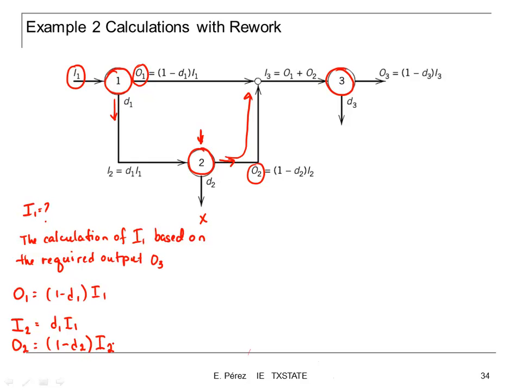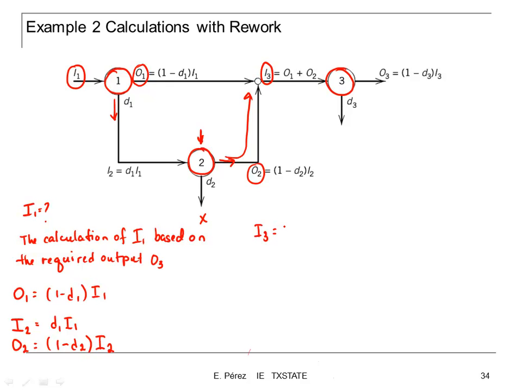Okay, so again, we are trying to derive an expression that will let us know what's the initial input if you want to have a desired output from your last station. And now we are considering the rework. So now we have an expression for the first station, we have an expression for the second station, so we can use that information to get the input for the third station, which is this one.